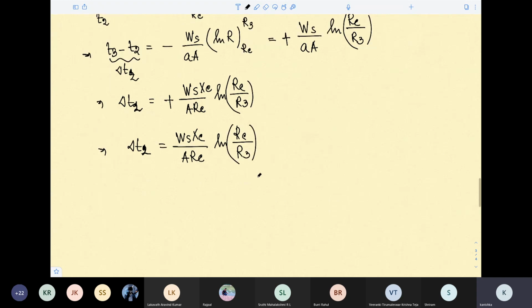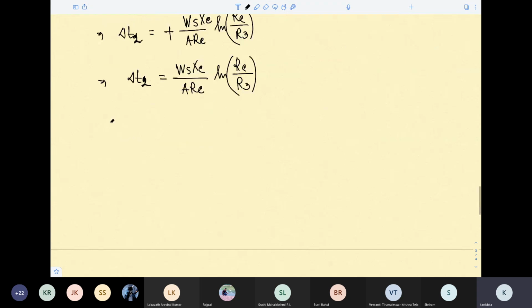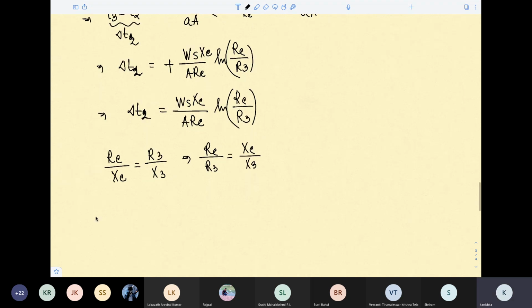Now we can further simplify this, because we already know that RC by XC equals R3 by X3. That means RC by R3 equals XC by X3. So delta T2 we can write WS XC by A RC ln XC by X3.